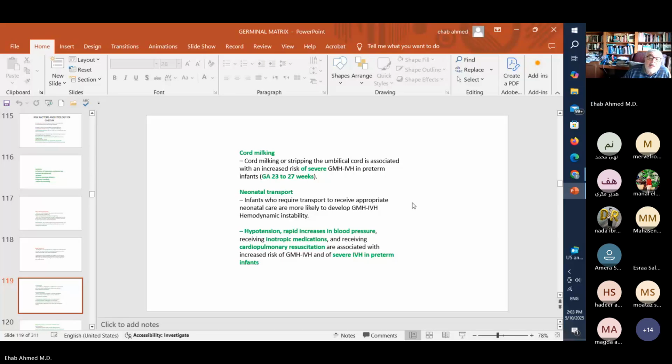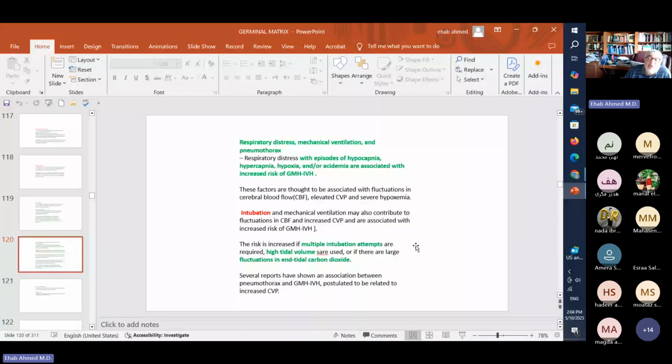You are transporting a very vulnerable, fragile, immature baby with high risk of GM-IVH. You are not just bringing somebody. I know how the people might think about transport. Hypotension, rapid increase in blood pressure, enduring cardio, be very careful because you could cause severe IVH with your aggressive intervention.